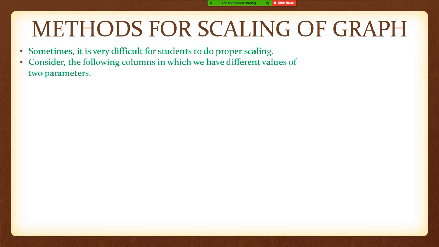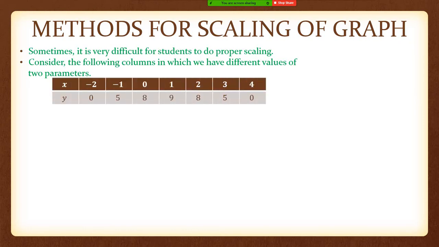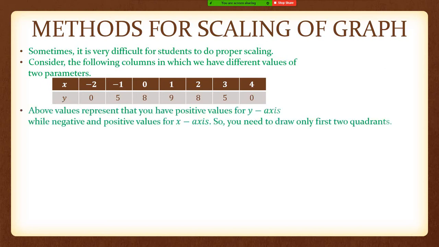Next, consider the following columns in which we have different values of two parameters. One column is for the x-axis, while the other is for y. For x we have -2, -1, 0, 1, 2, 3, 4, and for y we have 0, 5, 8, 9, 8, 5, 0.